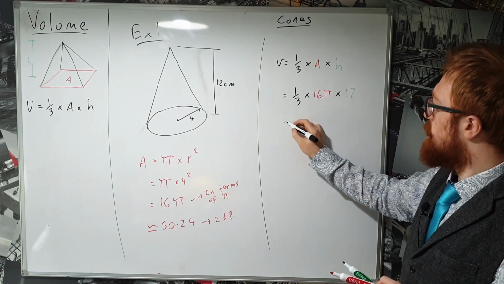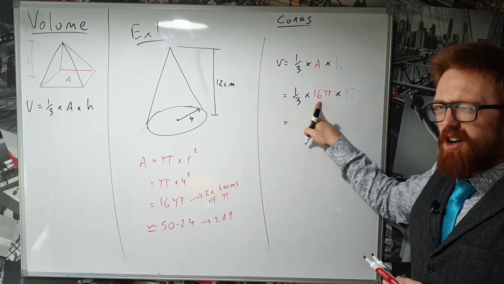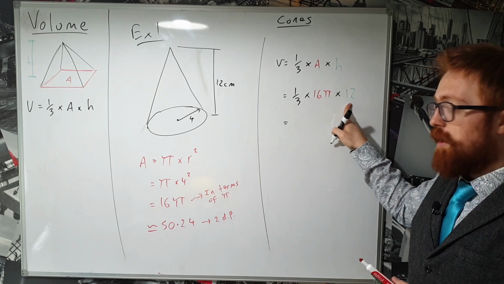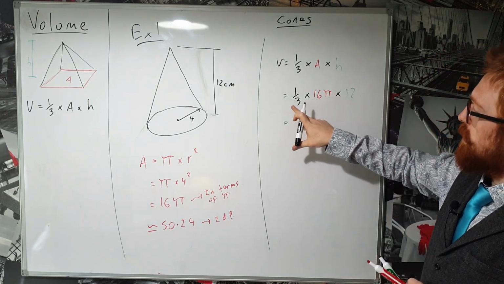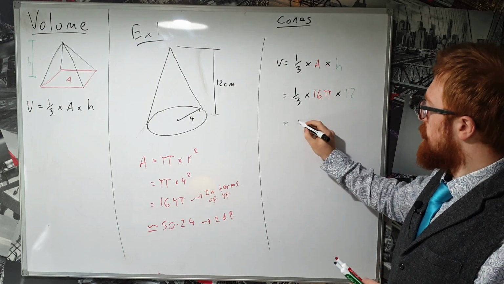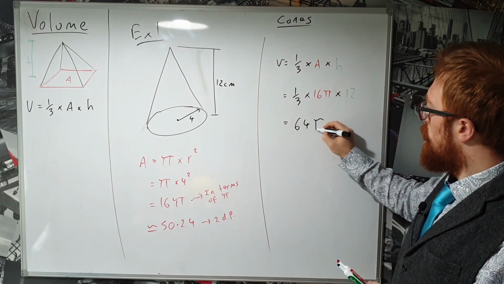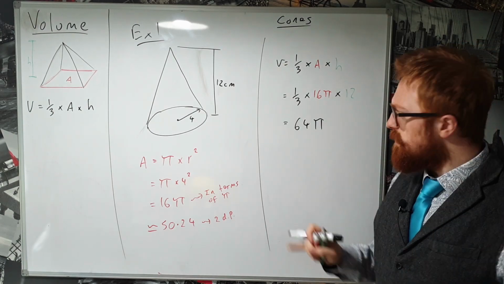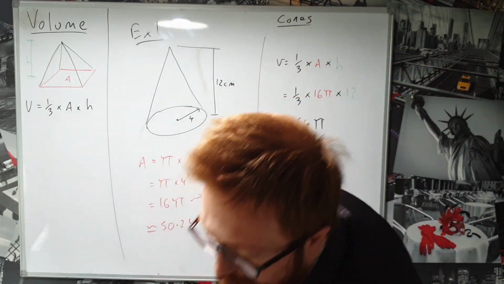Now let's work that out. So 1/3 of 16 you can't do nicely. You can do 1/3 of 12 nicely though. So we'll start with that. 1/3 of 12 is 4, and then 4 times 16 is 64 pi. So that's our answer in exact form in terms of pi.